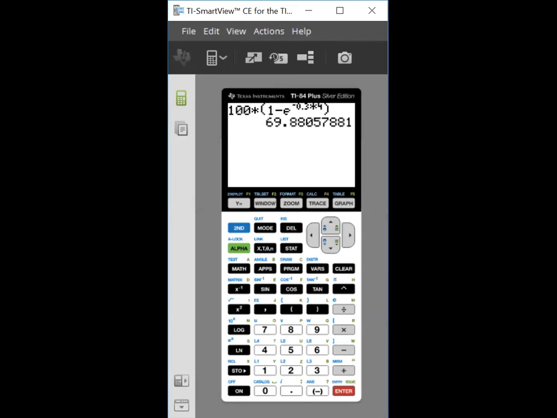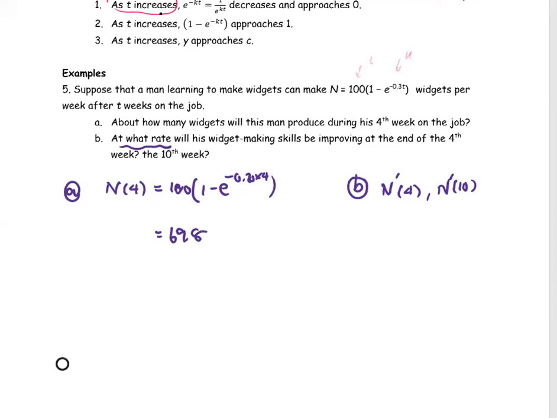Now we get 69.88, or about 70 widgets that he makes during the 4th week on the job.